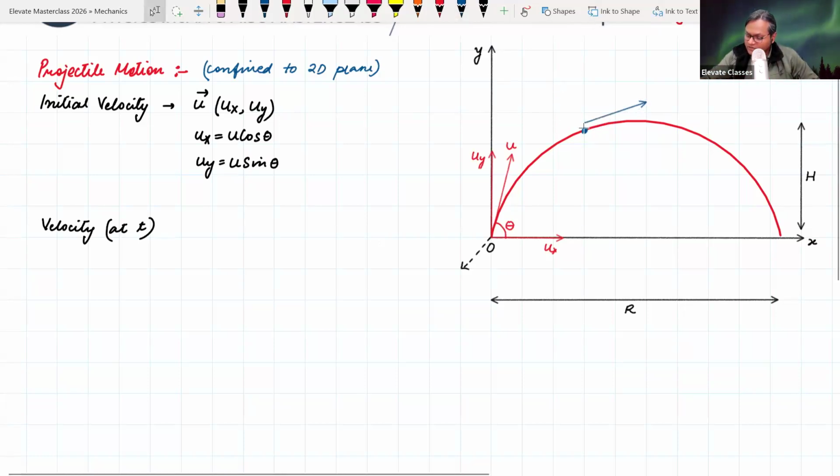Now it is clear that the velocity vector has changed. Whenever forces are involved, the velocity vector magnitude as well as the direction changes. And this v also has components along the x-axis and the y-axis. So this is vx.